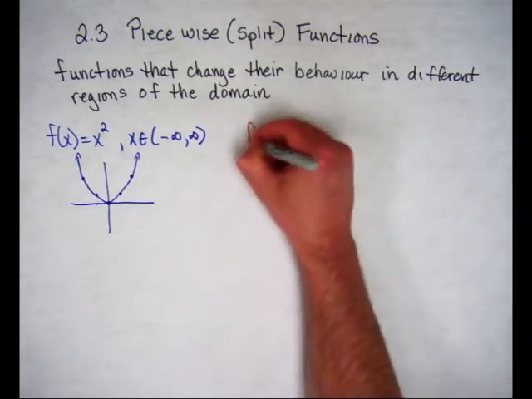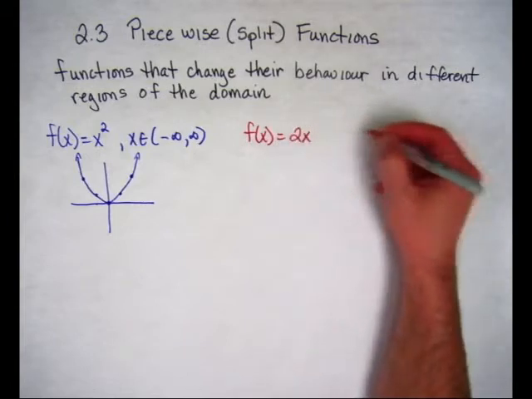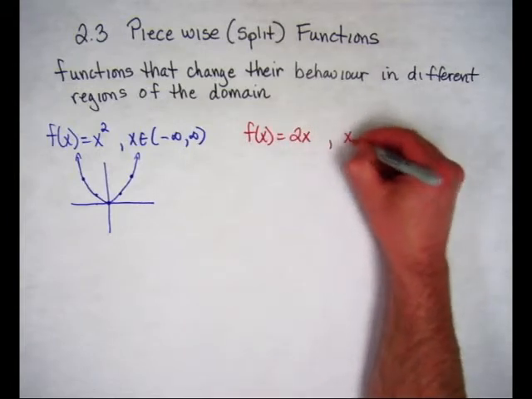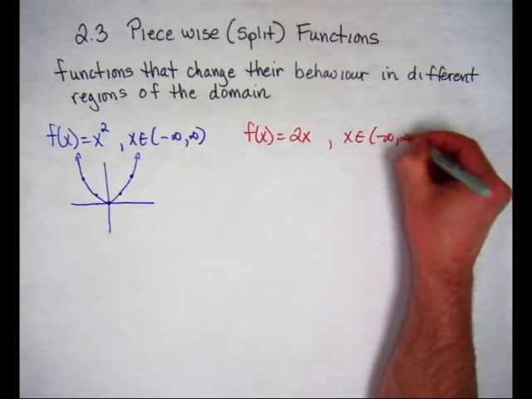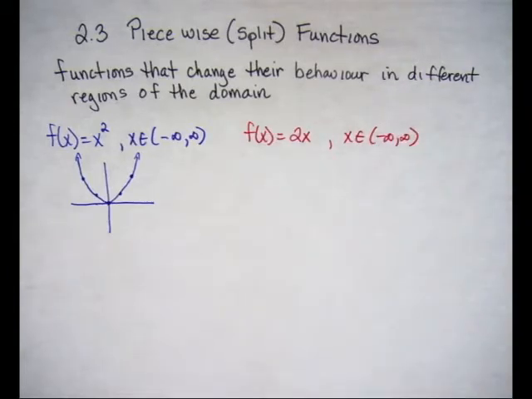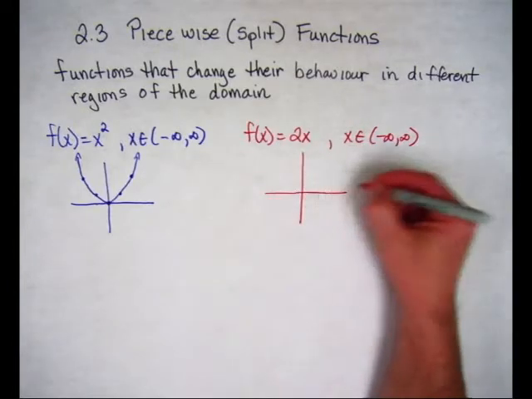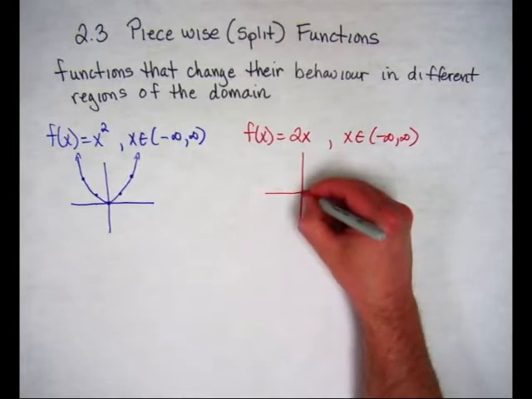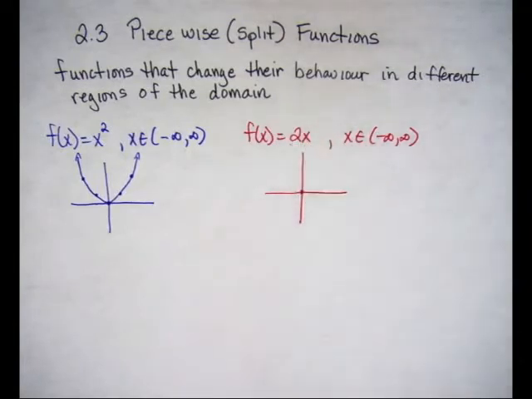Let's take the function f of x equals 2x. And again, let's look at that for all real numbers, so from negative infinity to infinity. So this is going to be a straight line. And again, if we plug 0 in for x, we know it's going to go through the origin. And the number in front of the x, of course, is the slope.